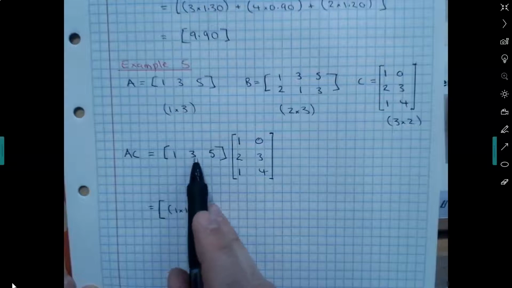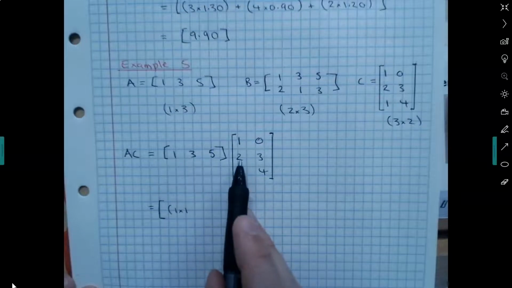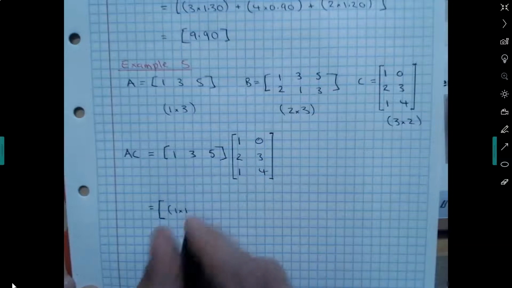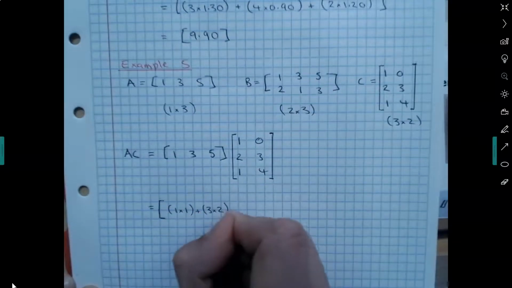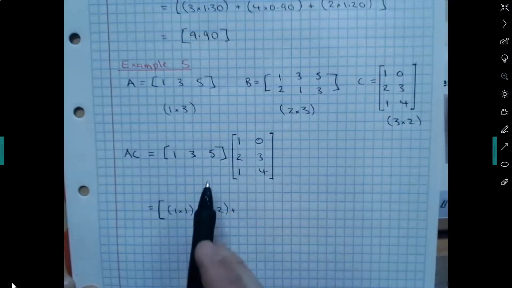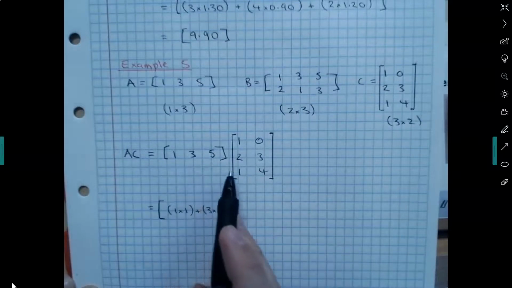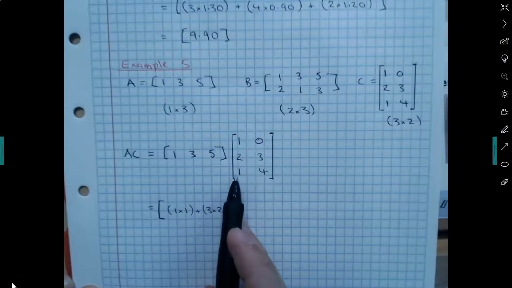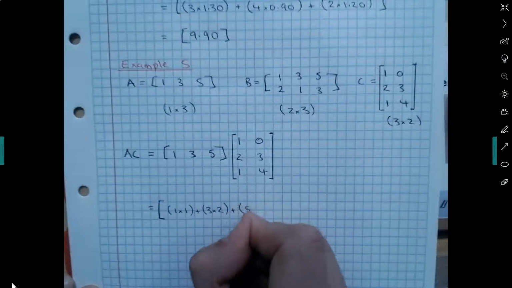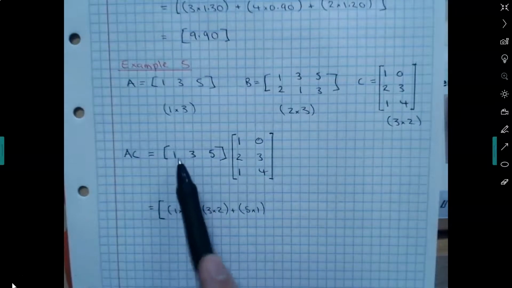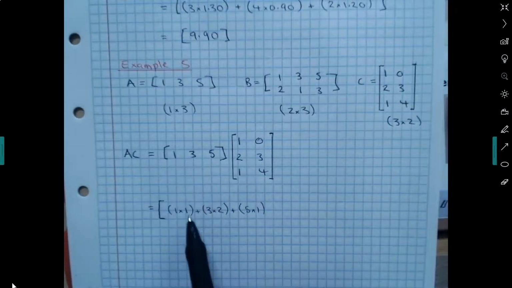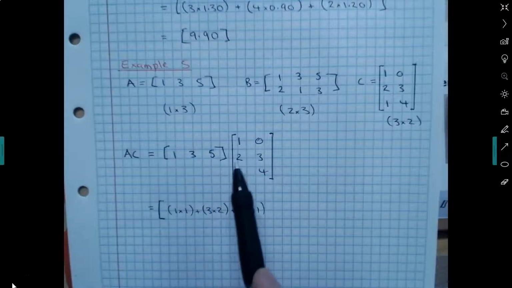We go 3 times 2, so plus 3 times 2, plus 5 times 1. Alright, so I'll repeat that. I started with this value. I went 1 times 1 plus 3 times 2 plus 5 times 1.